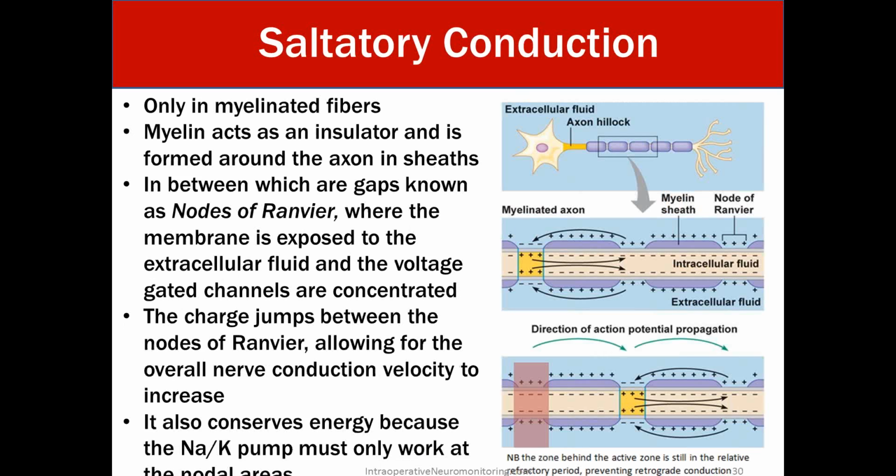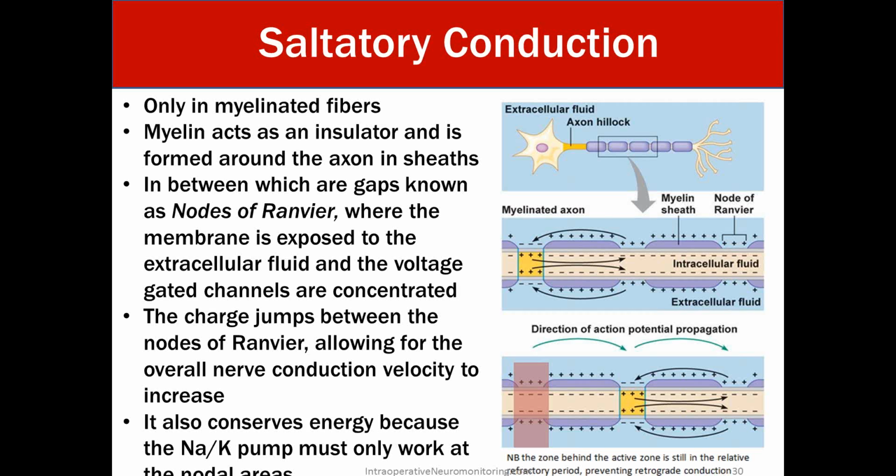Saltatory conduction occurs only in myelinated fibers. So we do not have this in the D fibers or the pain fibers. Myelin acts as an insulator and is formed around the axon in sheaths, in between which are gaps known as nodes of Ranvier, where the membrane is exposed to the extracellular fluid and the voltage-gated channels are concentrated.